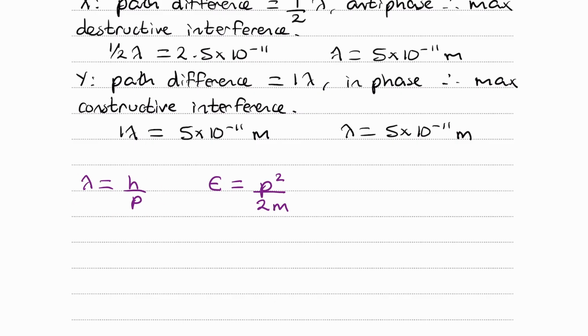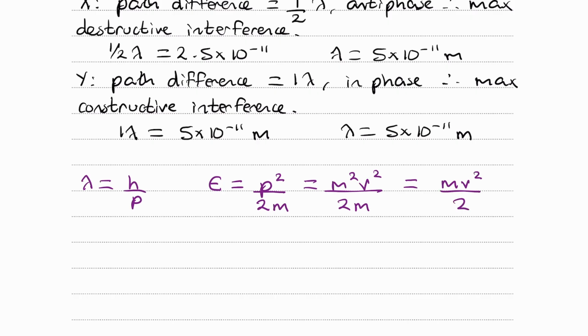If you're not sure where this kinetic energy equation comes from, well, if you replace the p that we have over here with mv and then square it, so m squared v squared, that's still divided by 2m. A factor of m cancels out, and then we're left with mv squared over 2, which is half mv squared.